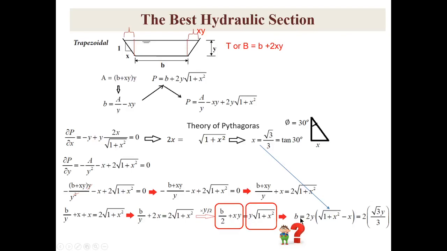I can write B equals 2y times square root of 1 plus x squared, minus x. If you replace these x values with their real value for the case of the most efficient cross section, you can find that b, or bottom width, equals 2 thirds of square root of 3 times y.